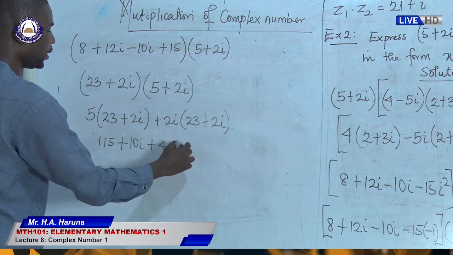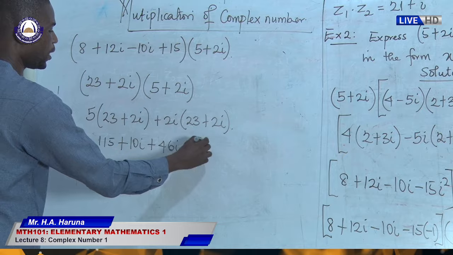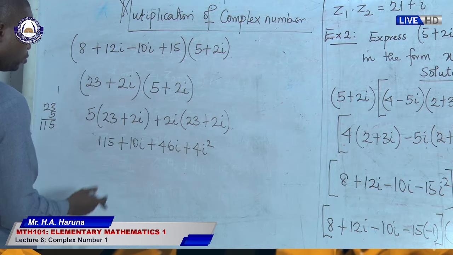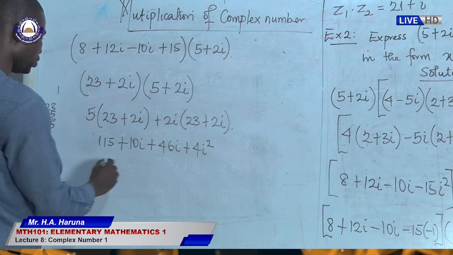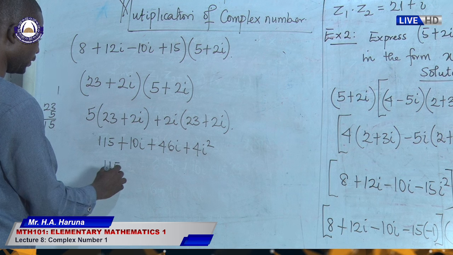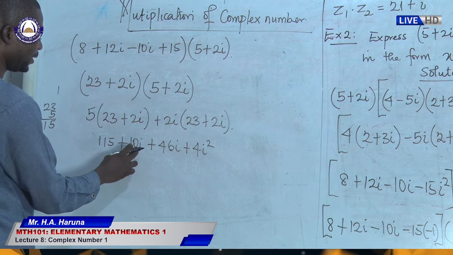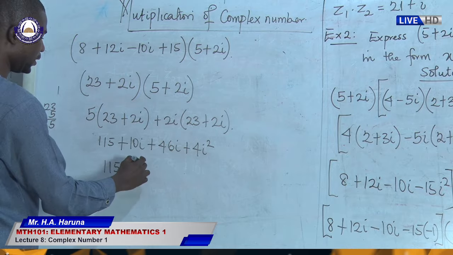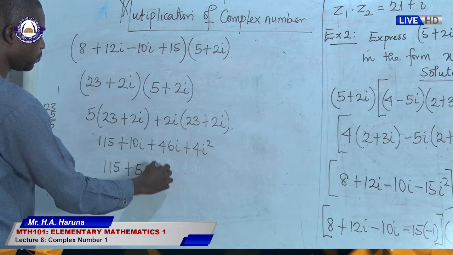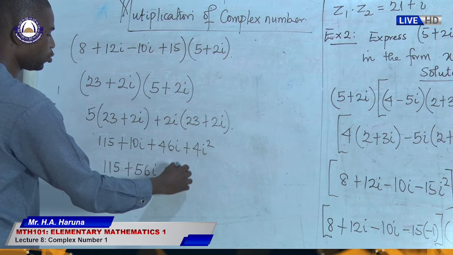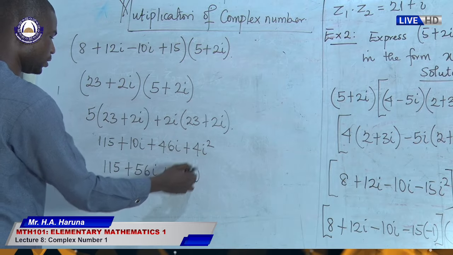2i multiplied by 2i gives me 4i squared. So 4i squared. i squared itself is -1. So you have 115 plus 10i and 46i gives me 56i. When you add that together, then plus 4 into -1 because i squared is -1.